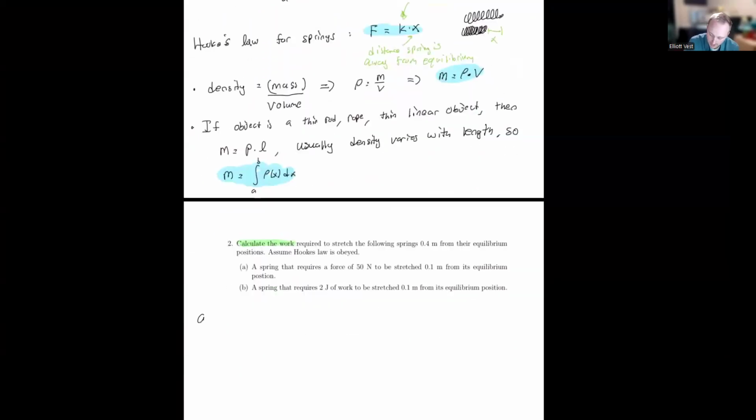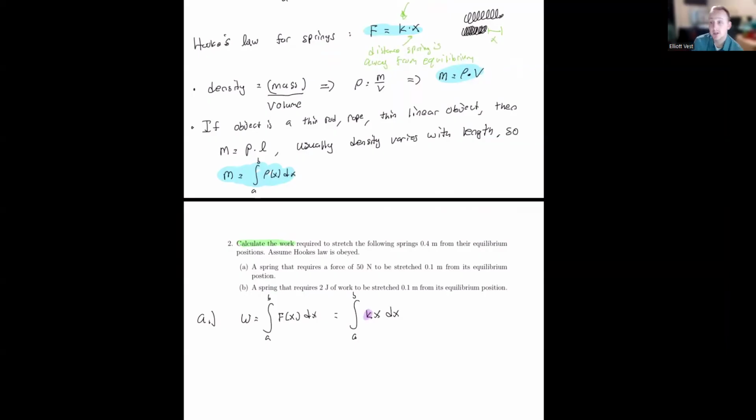So for A, we want to do this, because that's what work is along a certain distance. And we know it's a spring, so we know my function is going to be some kx, where k is the spring constant. But I don't know what this k is yet.